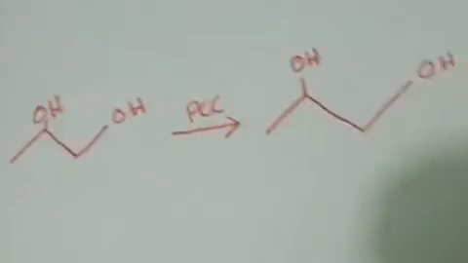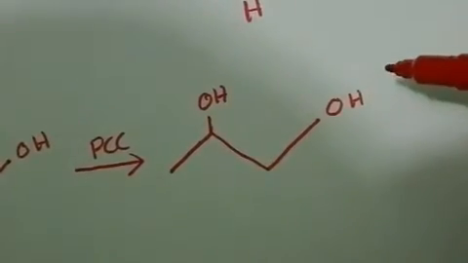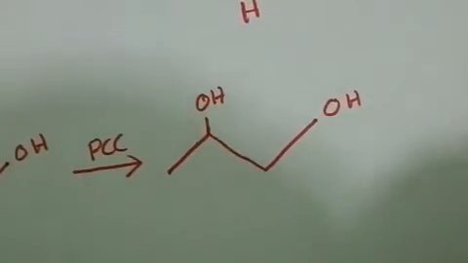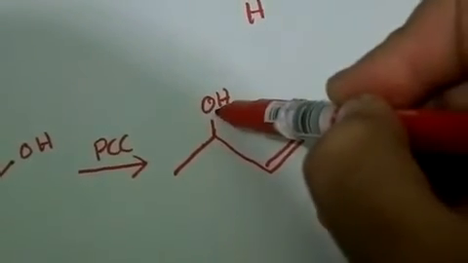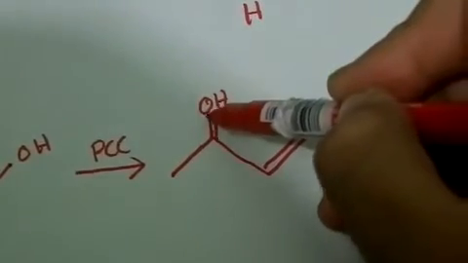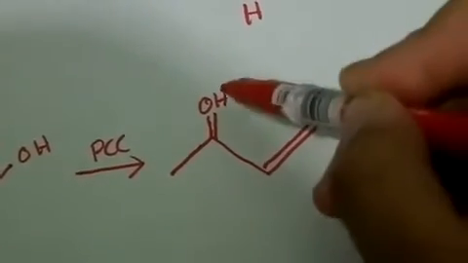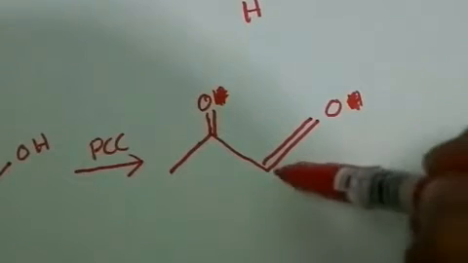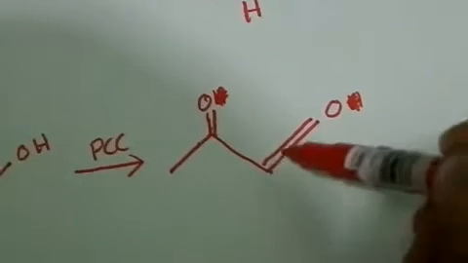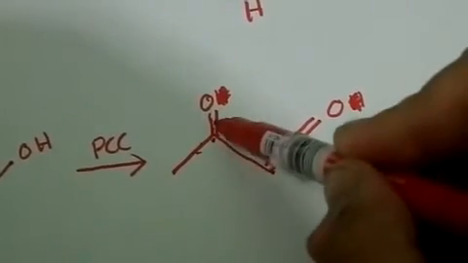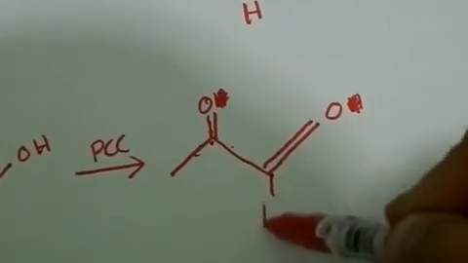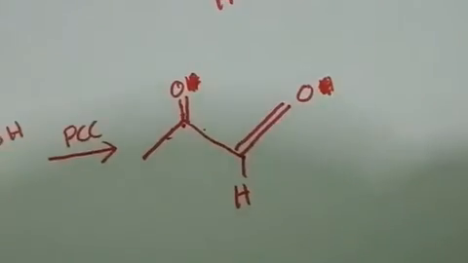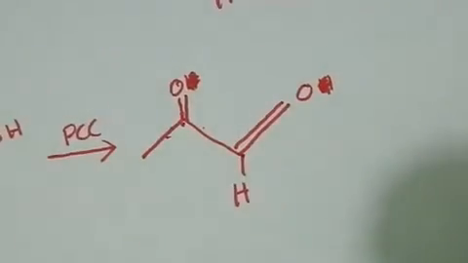Now remember, when we oxidize, we lose electrons. So just double bond, also double bond. We lose, we lose. So remember, this is a carbon and a carbon. This carbon has 1, 2, 3, 4. This carbon has 1, 2, 3. We need one more. H. And this is the result.